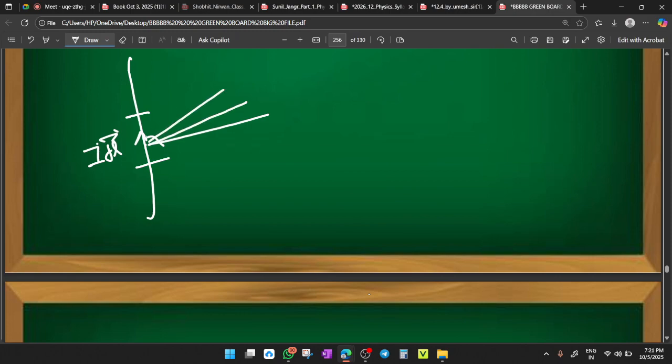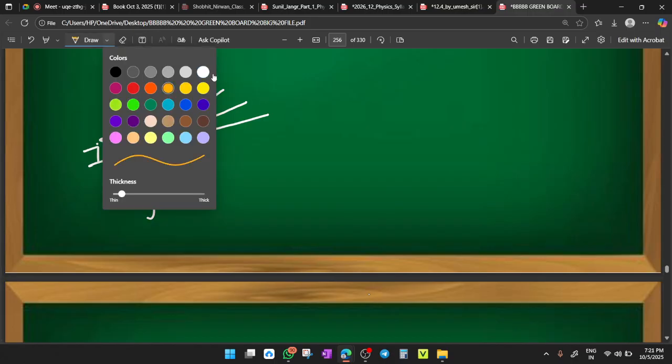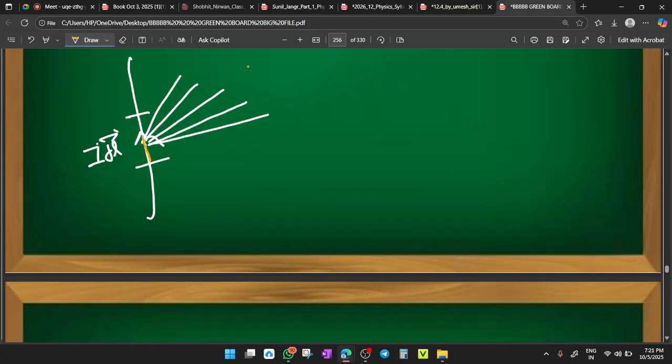But in case you take your observation point, like previously, this is your current element I dl. First your angle was theta here, now you continuously decrease it, and in a situation your point comes just on your wire. Here your point is P. Now tell me, what is the angle of the dl vector with the r vector?